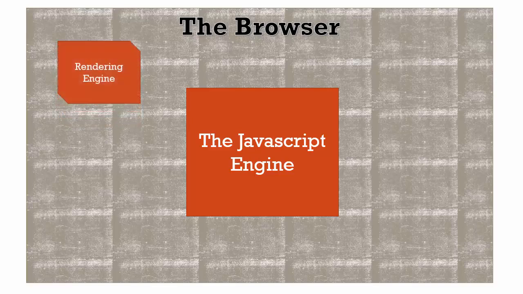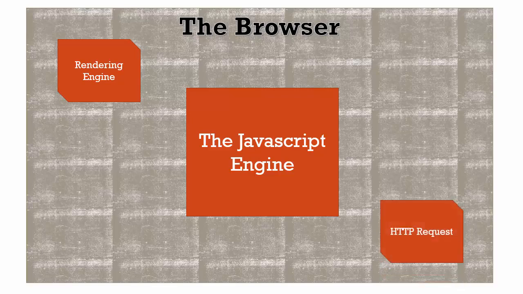So there's things like the rendering engine that actually renders or paints to the screen whatever the web page is that you're looking at. Or there's elements of the browser that have to do with going out and getting HTTP requests and responses, so going out, for example, and getting data. And the JavaScript engine has hooks where it can talk to the rendering engine and change what the web page looks like, or go out and request data.